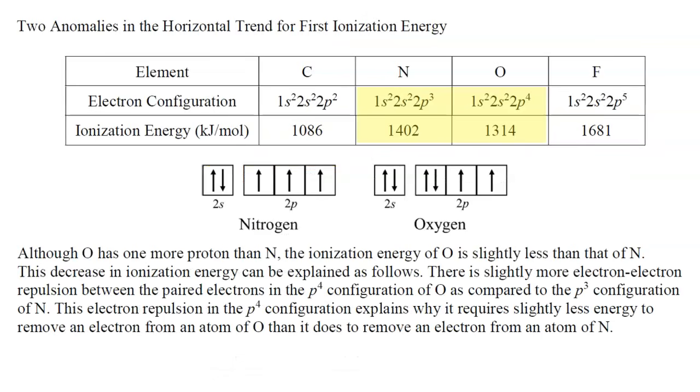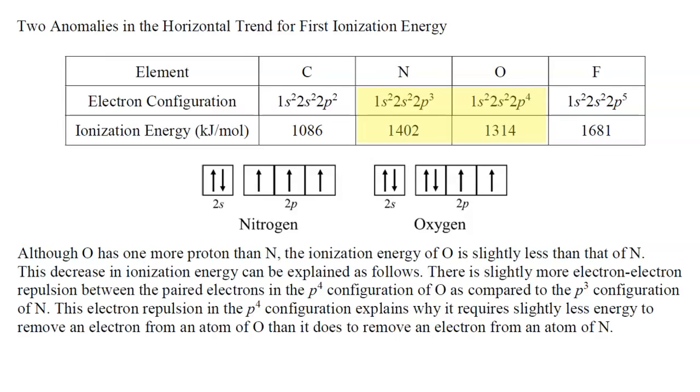Well, back when I was teaching topic 1.7, which is periodic trends, I had presented some anomalies in the horizontal trend for first ionization energy, and this is one of the anomalies. You can see on this slide, I'm highlighting the fact that the first ionization energy of oxygen is slightly less than that of nitrogen. So here is the explanation.